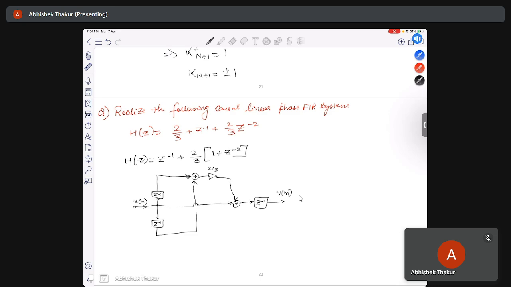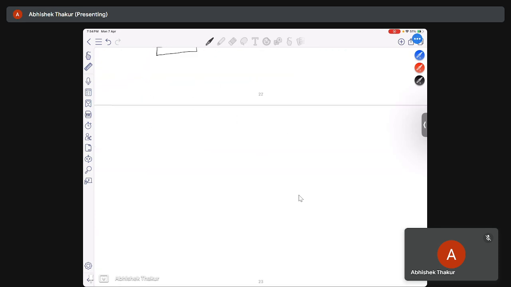Now this can also be realized as one more structure. Like first you take input x of n. This is z inverse.